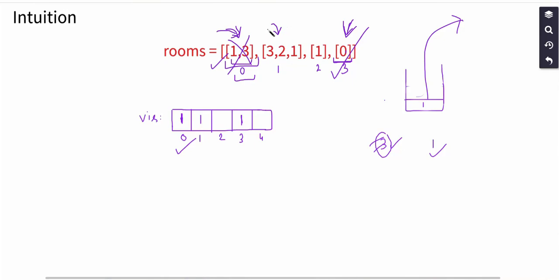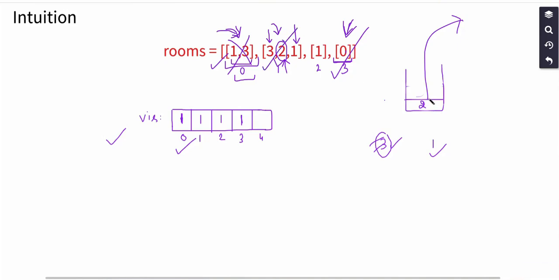We already have key number 3 and key number 1, but we do not have the key to room number 2. So I pick this key and mark its presence in my visited array. That means I have the key to room number 2 in my pocket, and I push it into the container. Fine. So room number 1 has been visited.